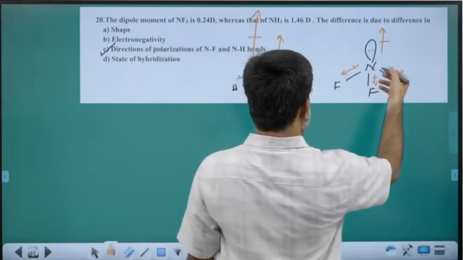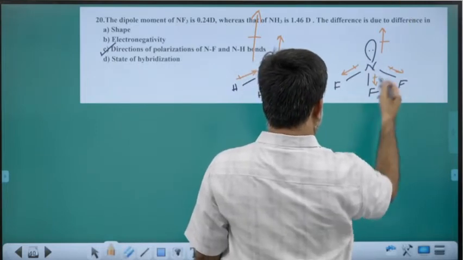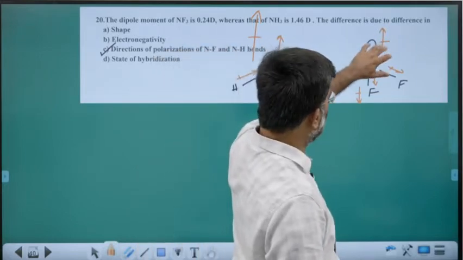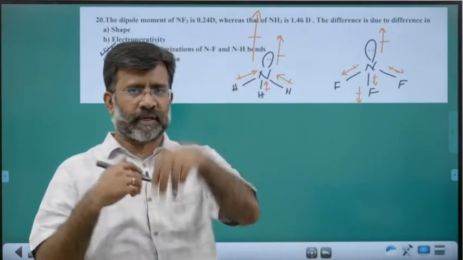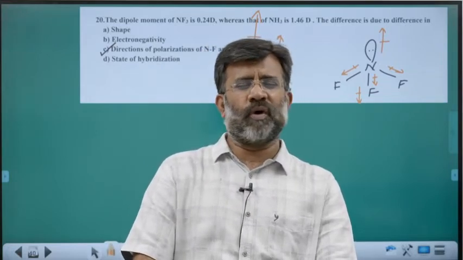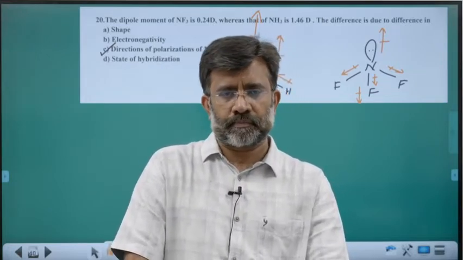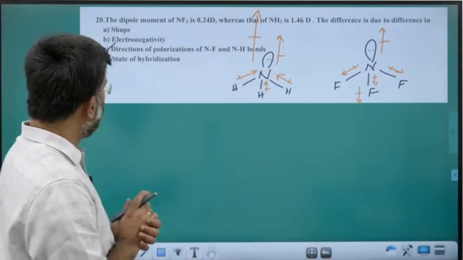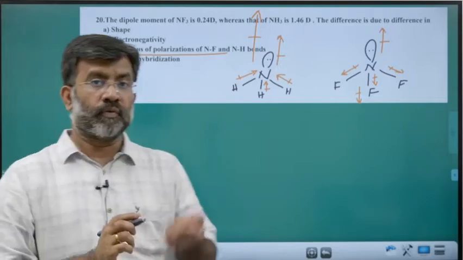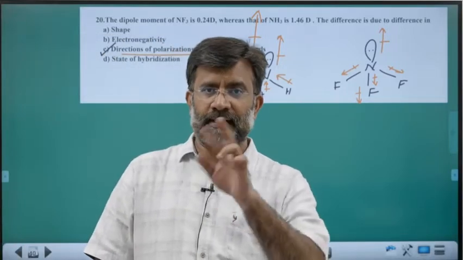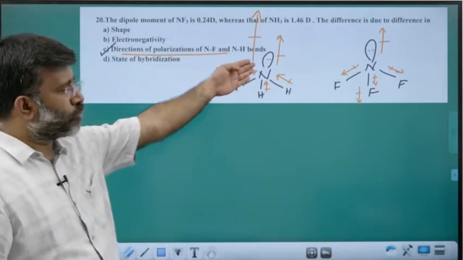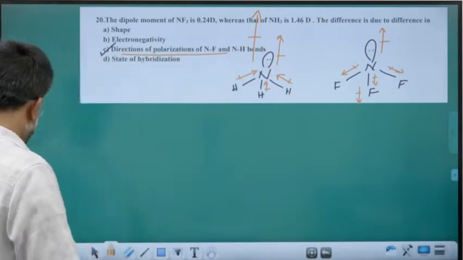Here the net moment will be 1 up and all 3 down, so the net dipole moment will be towards down. There will be some sort of cancellation, so the dipole moment is somewhat getting cancelled. So it is basically due to the difference in the direction of polarization, as we have hydrogen and fluorine. That is the difference. Next. And this point I am sure you have seen in the textbook.